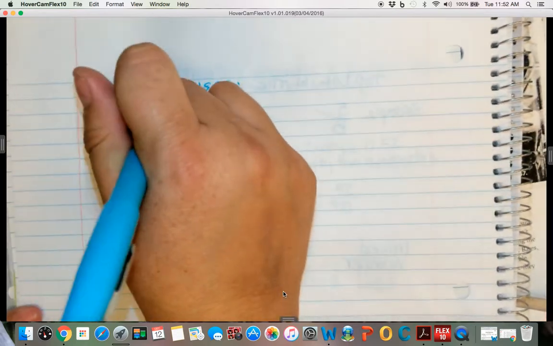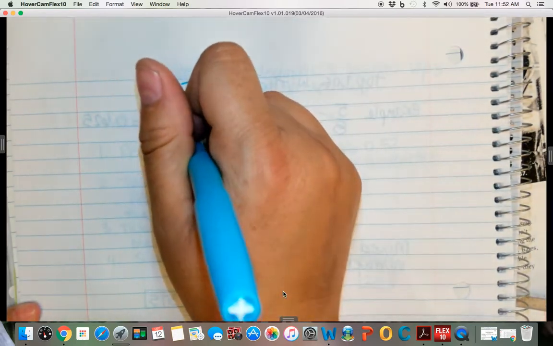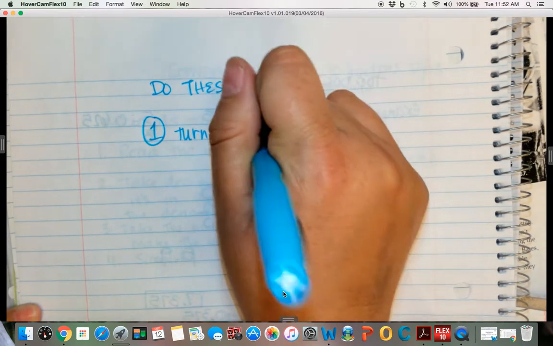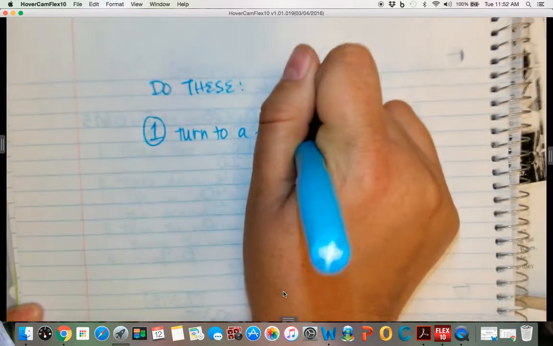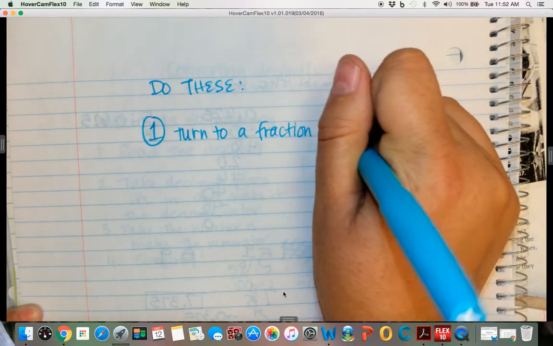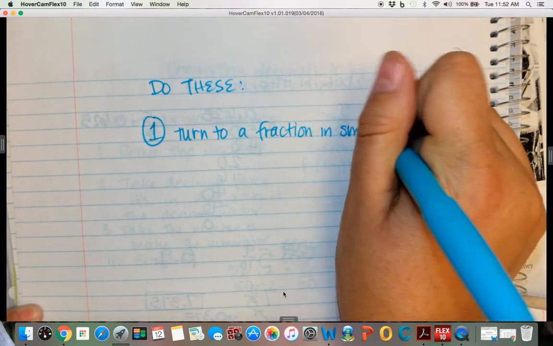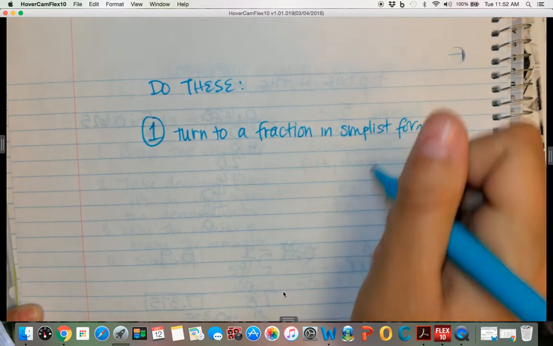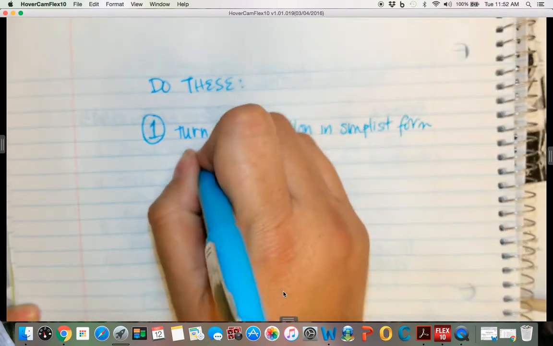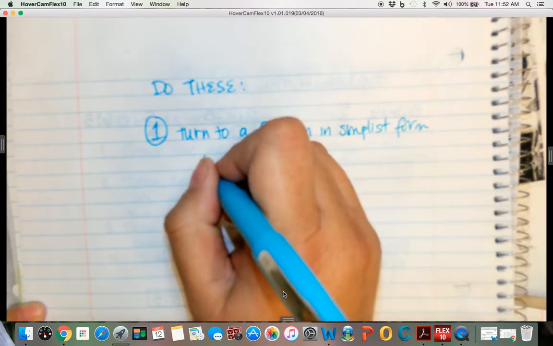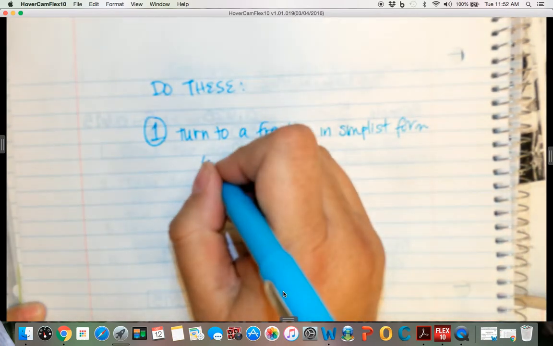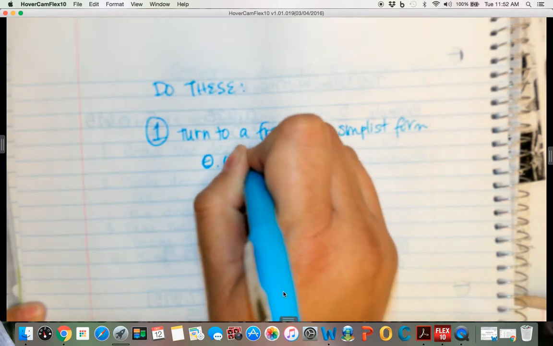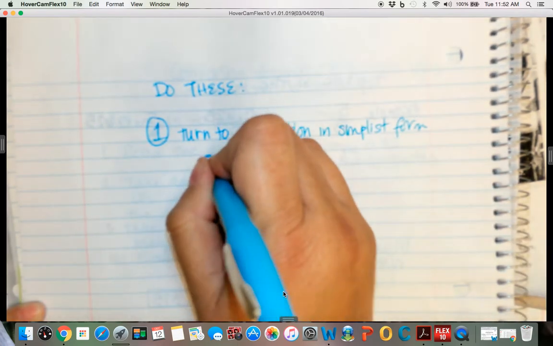Number 1: turn to a fraction in simplest form. It's going to be 45 thousandths.